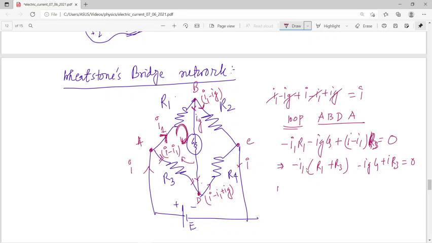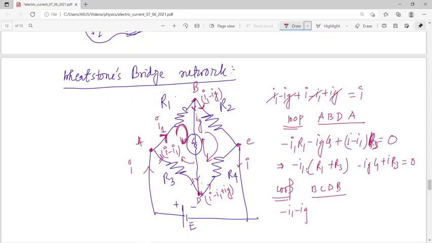And if we consider the loop BCDB, that means this is B, this is C, this is D, this is B. That means we are moving in that particular direction. We are moving in this direction, so that is the opposite.